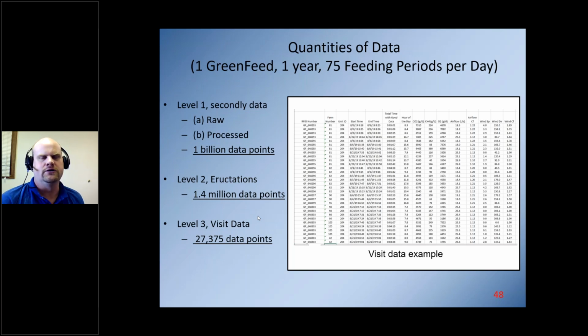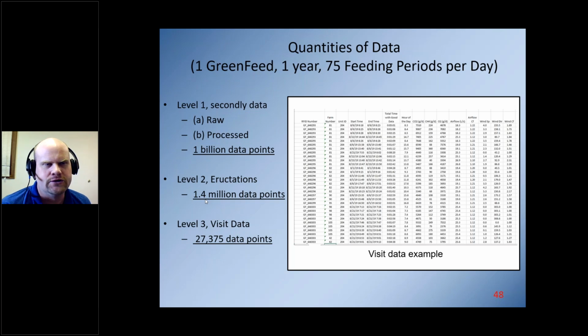This would be all of the different sensors measured once per second, and then that data is archived. The processor then breaks it down into the eructation level, and the average GreenFeed measuring 75 feeding periods per day would measure about 1.4 million eructations over the course of the year.